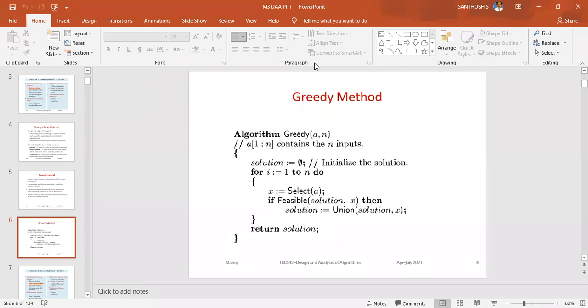Here A is the input, with inputs ranging from 1 to n.